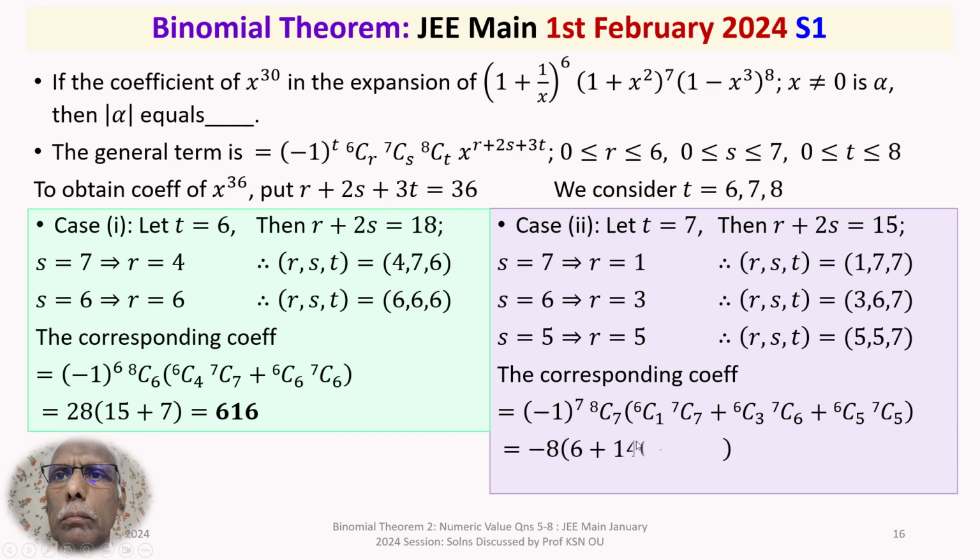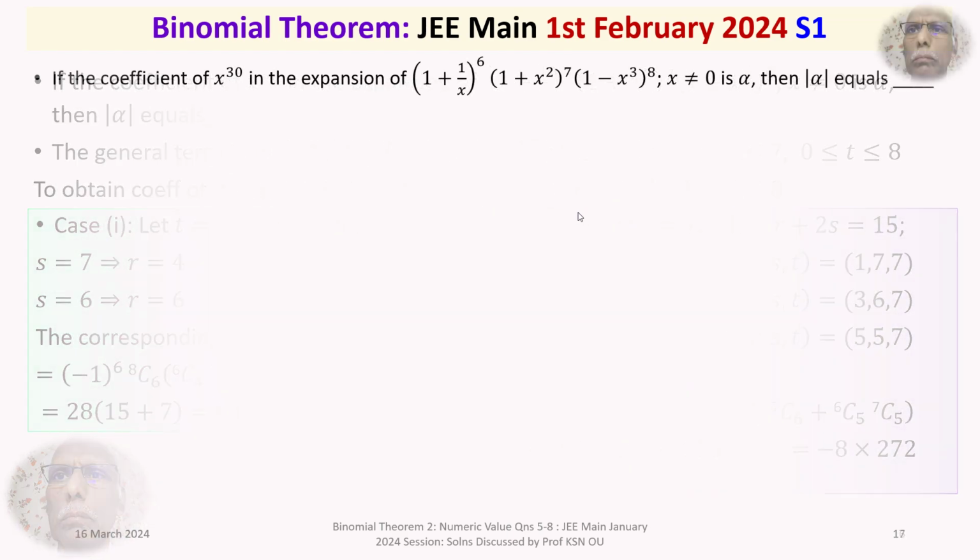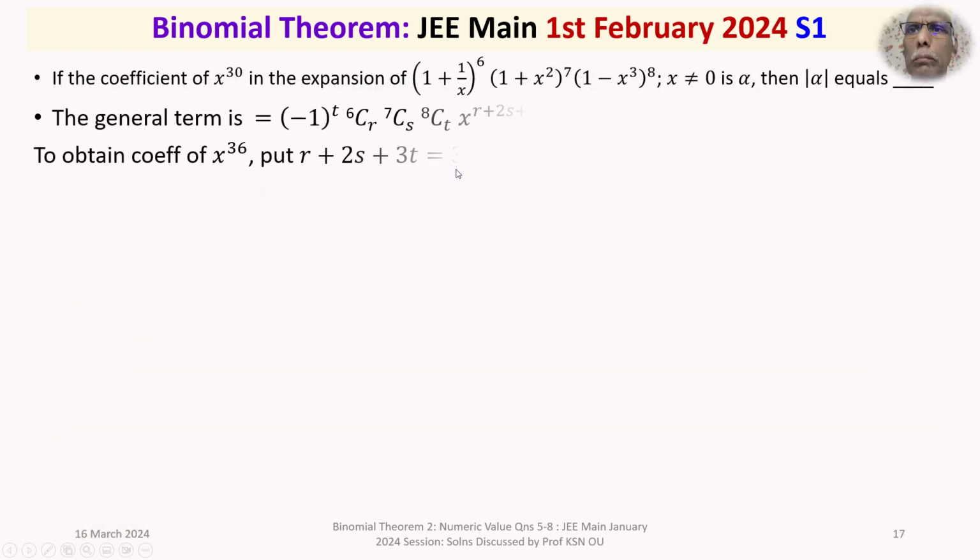So when you multiply, you will get minus 2176. Is there any other case? Yes, there is a third case. So we move to the next slide.